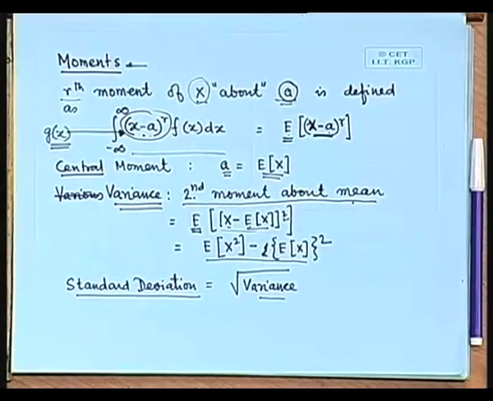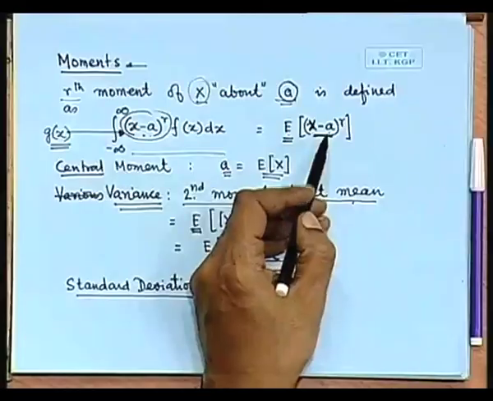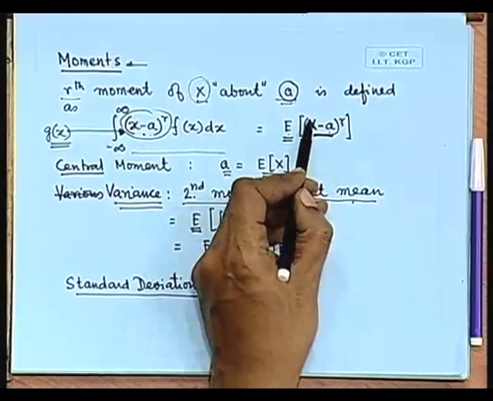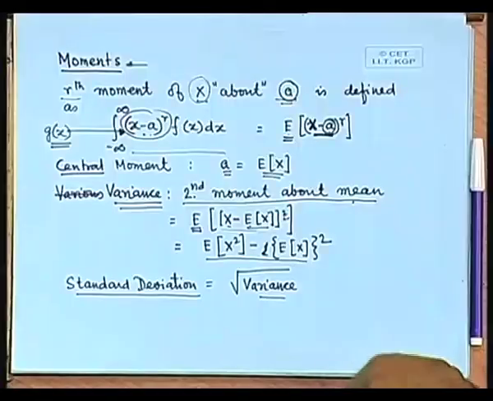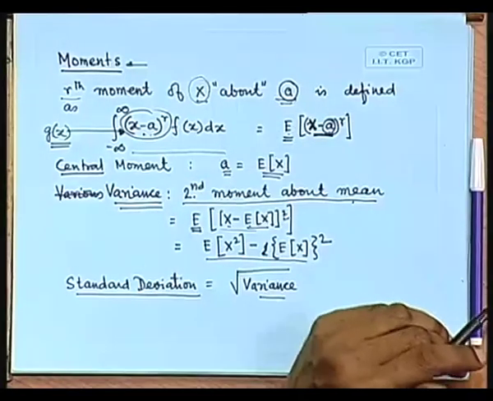Now, typically, where do we choose a? What are we trying to find out here? We are trying to find some measure of how much this random variable is away from a, small a. This number we can choose as anything, and in general we are very interested to know the expected value by which a random variable is away from its expected value.